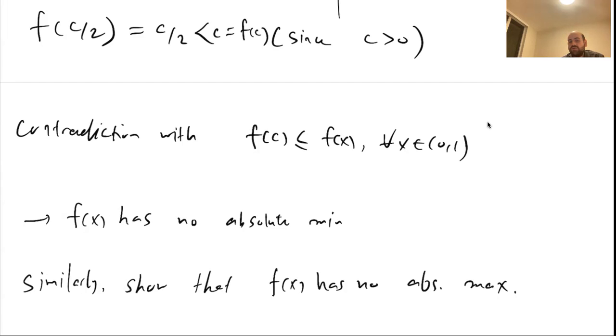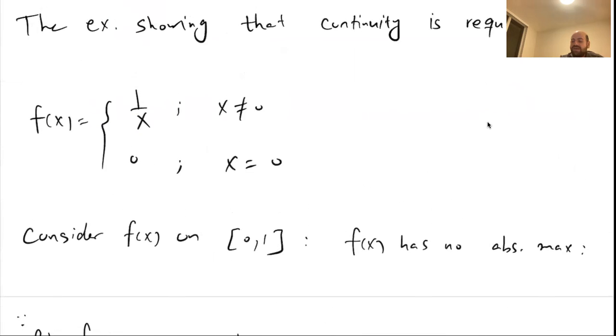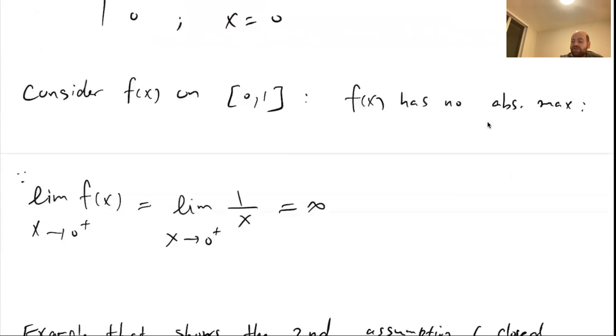Let's say the domain is an open finite interval, or maybe an open infinite interval, and the function still has an absolute max or still has an absolute min. That is possible. And it is also possible that it doesn't have an absolute max and min. In other words, we won't have a guarantee, because it's all about guarantee. When can I guarantee existence of absolute max and min?